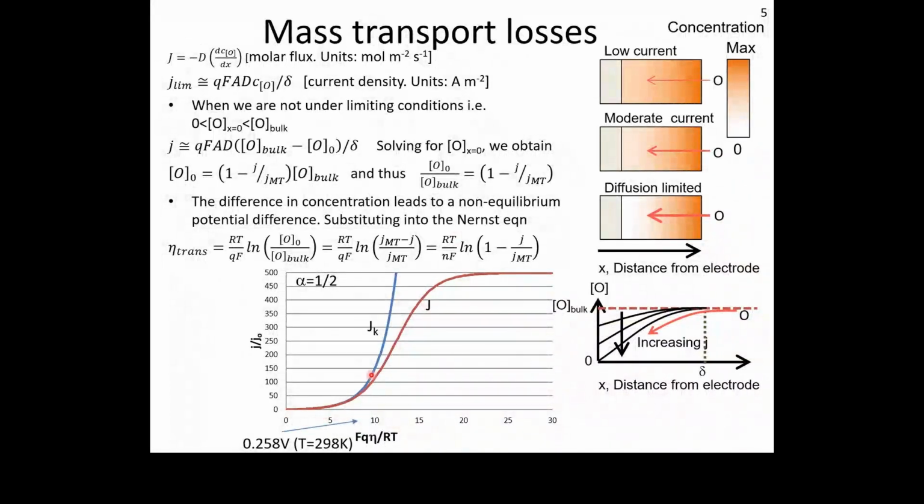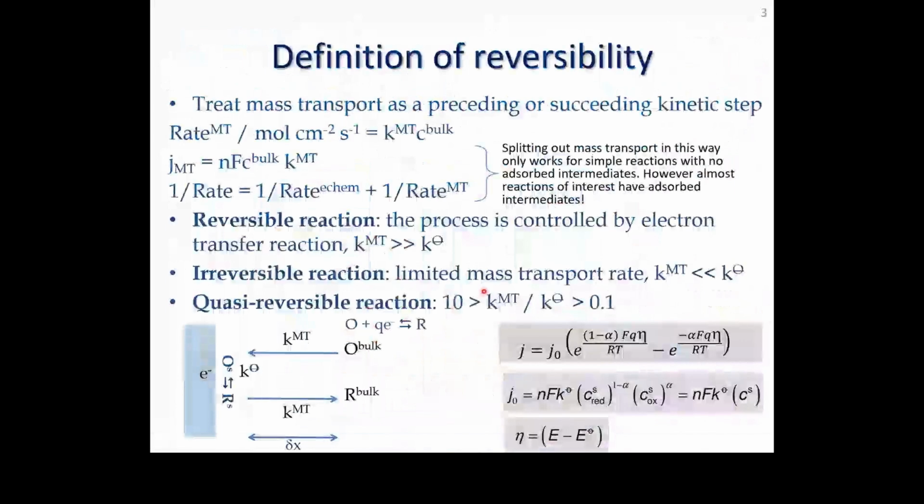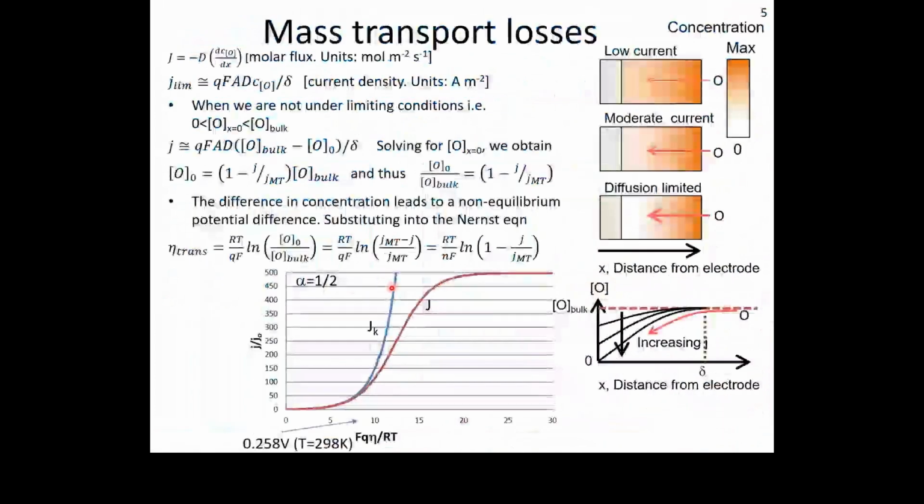And in effect, what that means is that instead of having a current which increases exponentially, i.e. a current which follows the Butler-Volmer type expression, as we see back here, instead of having a kinetic current which increases exponentially as we increase the overpotential, what happens is that the current initially increases, but then it eventually levels out until we achieve a limiting current.